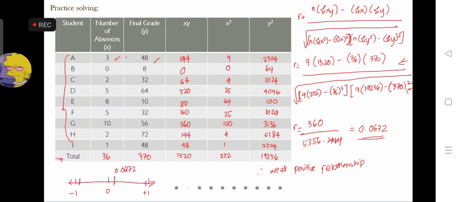Is sa 0.5 lang siya applicable, Miss? It's applicable to any other values of correlation, not necessarily 0.5 lang.